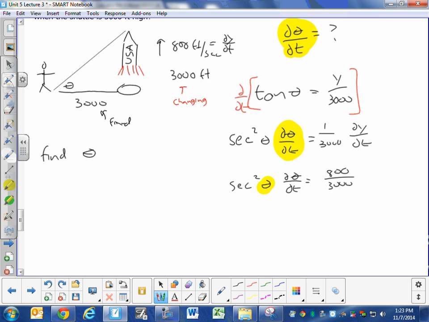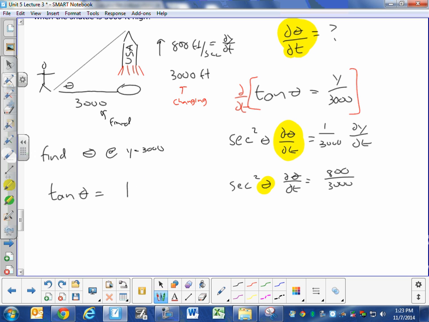Second, we're finding theta. Well, you find theta using your original equation. The tangent of theta is equal to y over 3,000, but since it's at the specific moment, so at y equals 3,000, you can say just the tangent of theta is equal to 1.